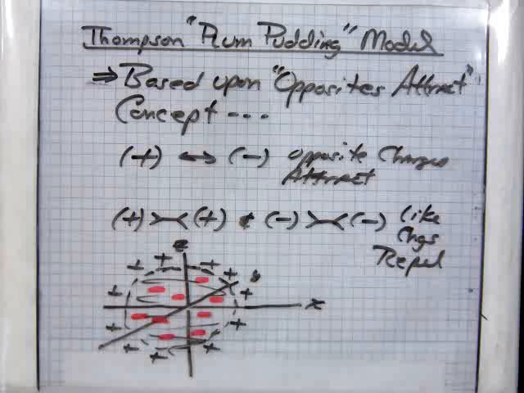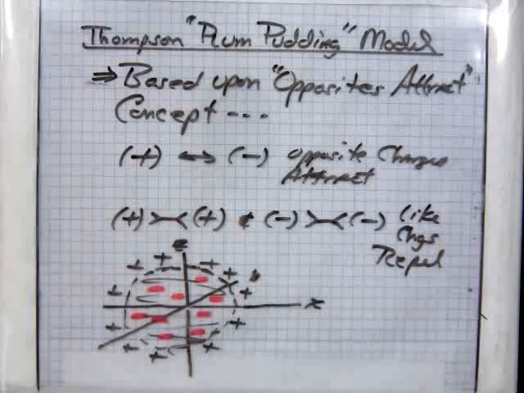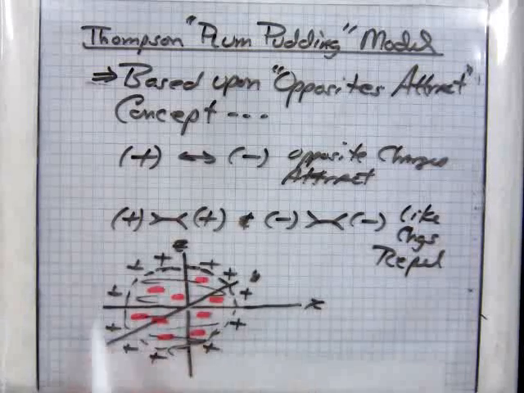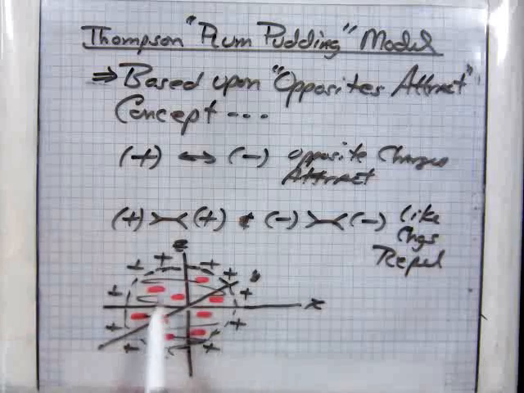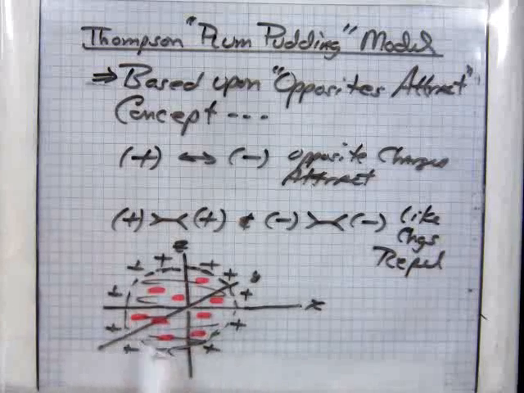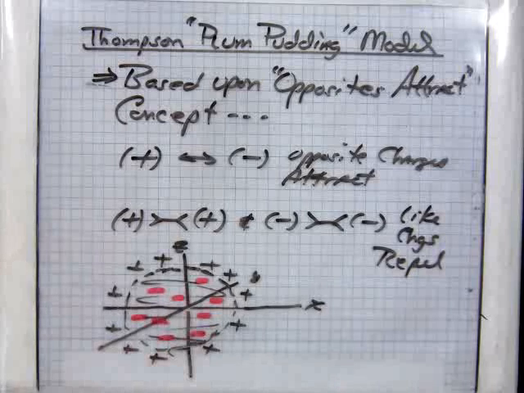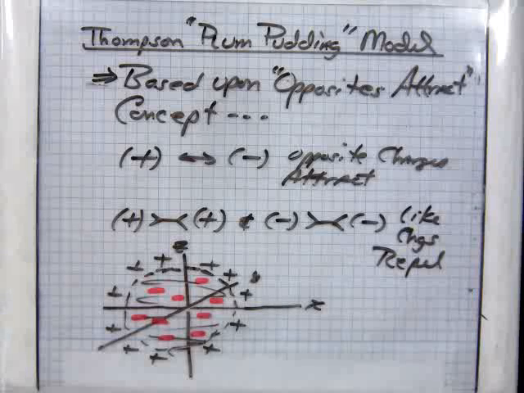And so based on just the simple opposites attract theory, this is the raisin pudding model. That is, the electrons are suspended in the positive matrix like plums in a gel pudding, and hence the evolution of that model. Now, there's other things to that.